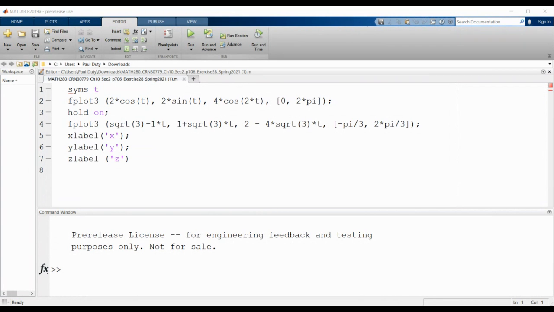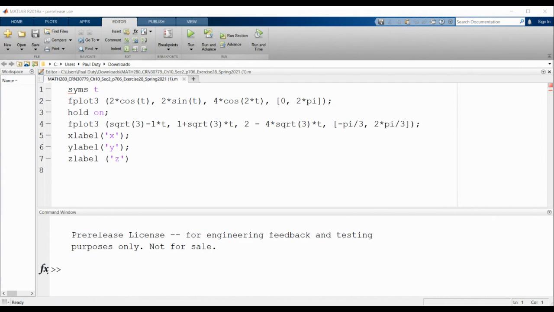Good, good. So what I'm using here is called the fplot3 command. There are different ways to graph space curves, like we saw, for instance, ezplot3. That was a command used to graph a space curve. But what I'm doing now is using a command called fplot3.